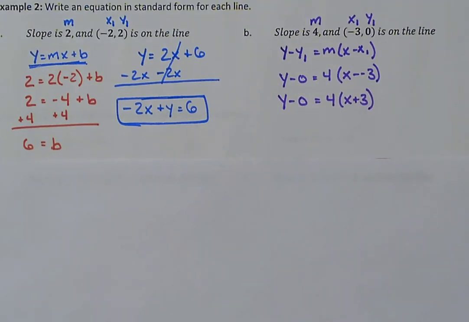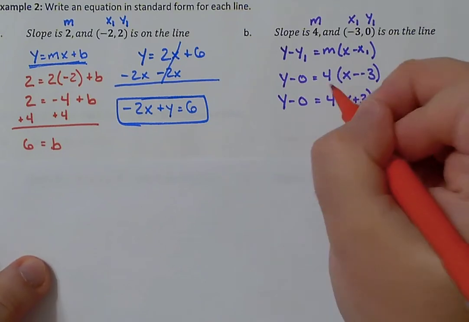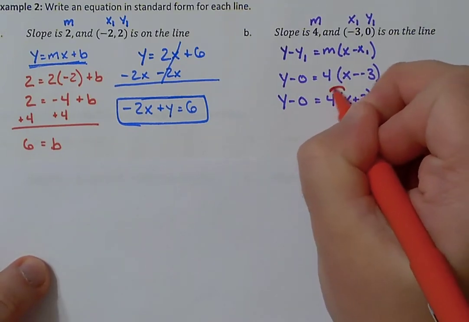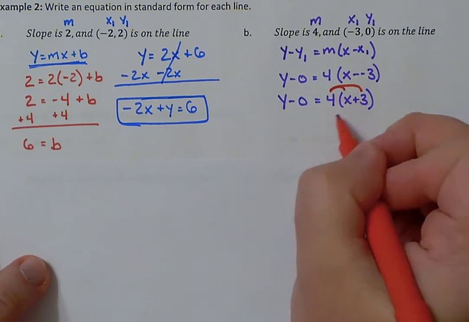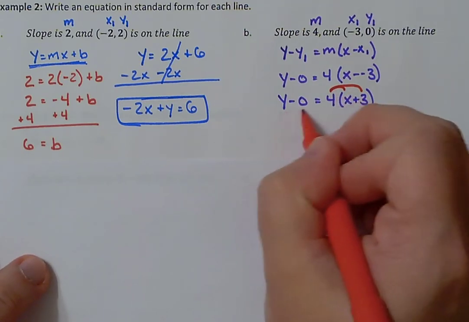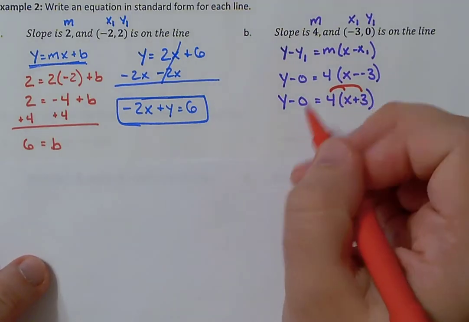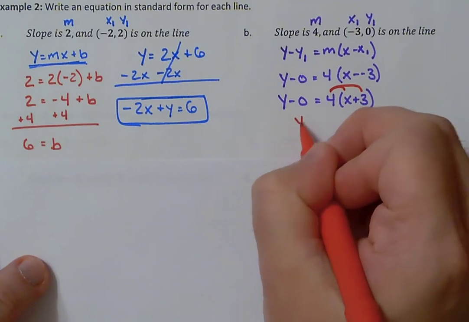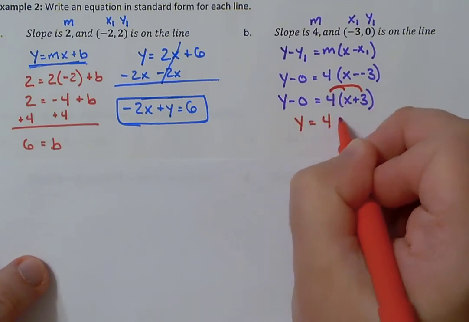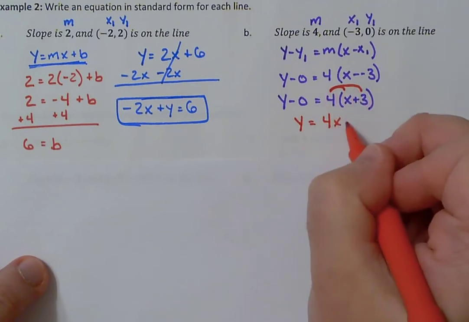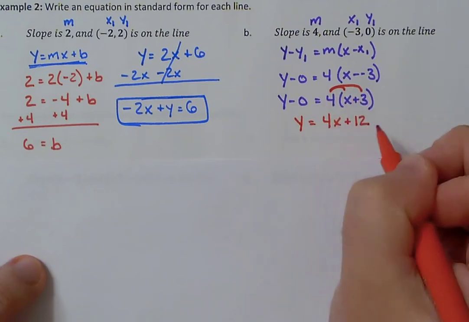To change it to standard form, again, we're going to distribute this 4 to both parts. So if I have y minus 0, anything minus 0 is just itself, so it's y equals. 4 times x is 4x, and then 4 times 3 is 12.